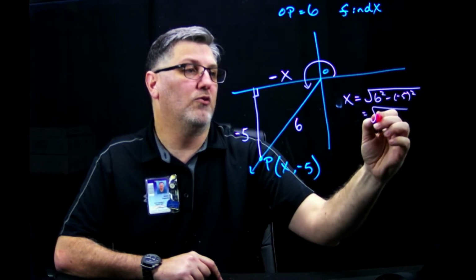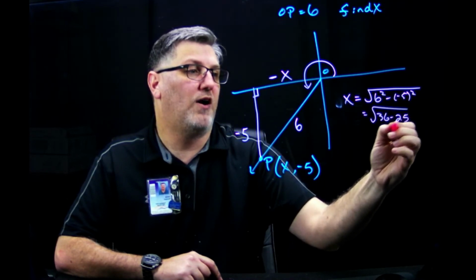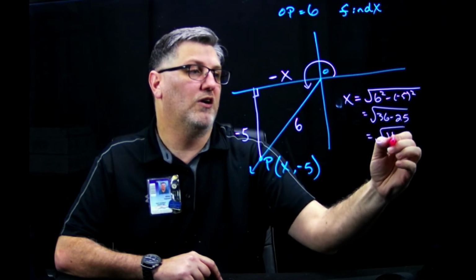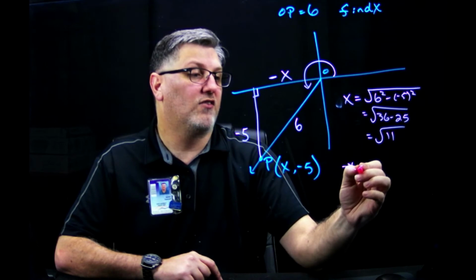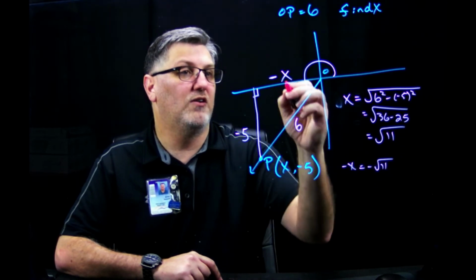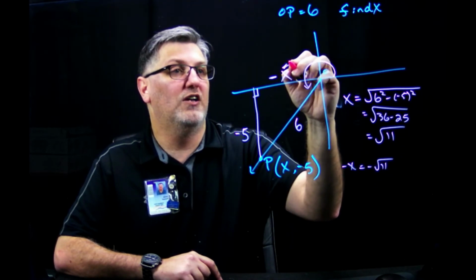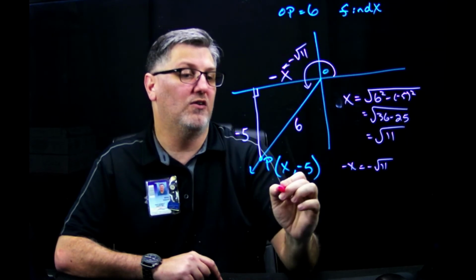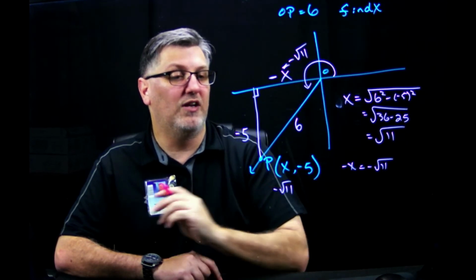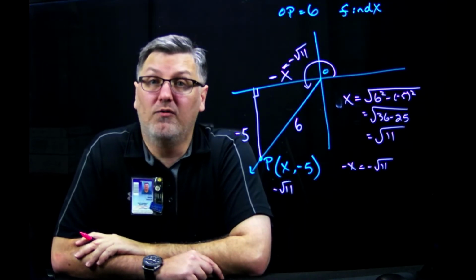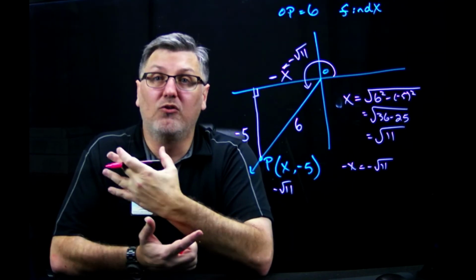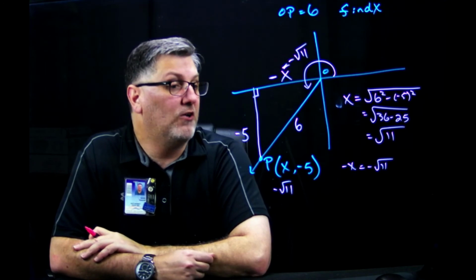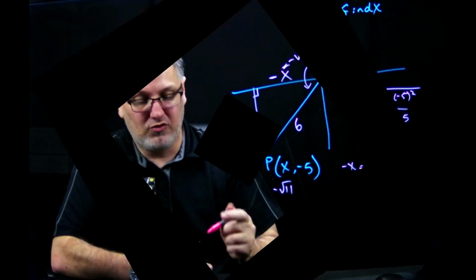We have the square root of 36 minus 25, which is the square root of 11. Therefore, I know that x is going to be negative square root 11. Therefore, this answer right here is negative square root 11. Negative square root 11 is the value of x at point P. So, drawing your reference triangles and using the Pythagorean Theorem, pretty straightforward to find that point. So, let's look at one more example.